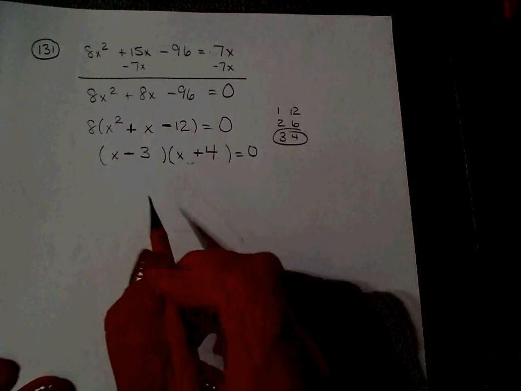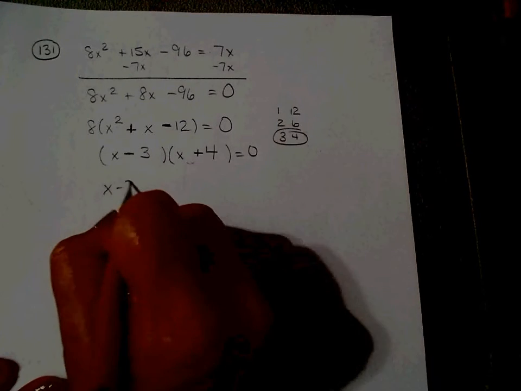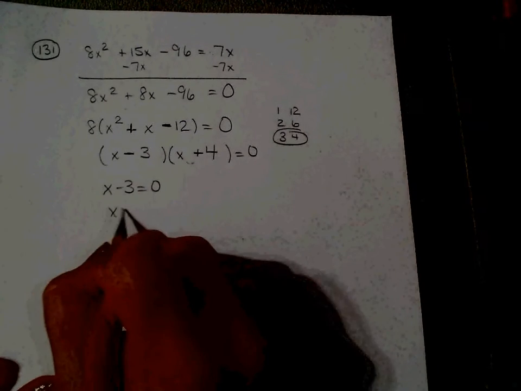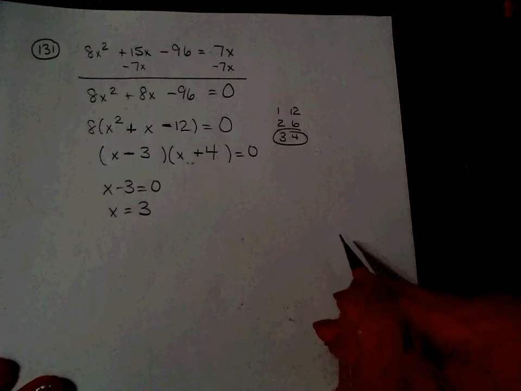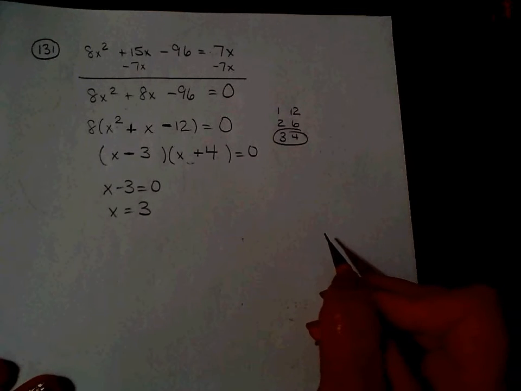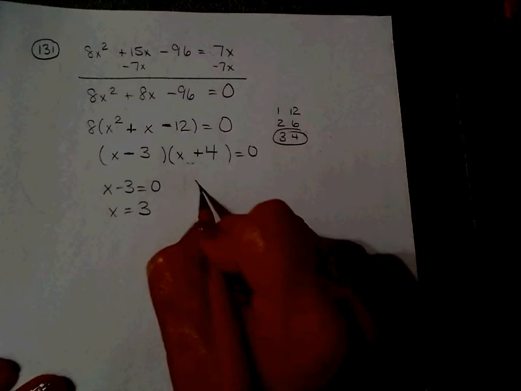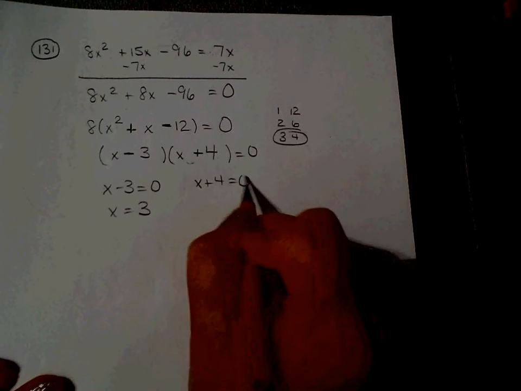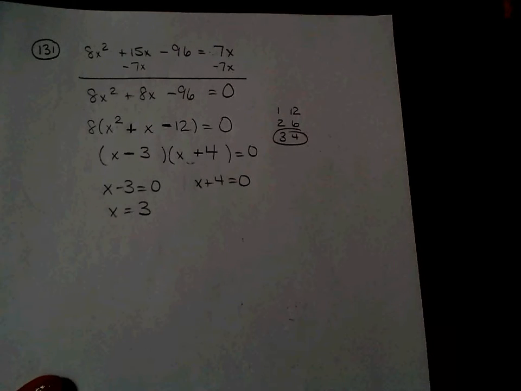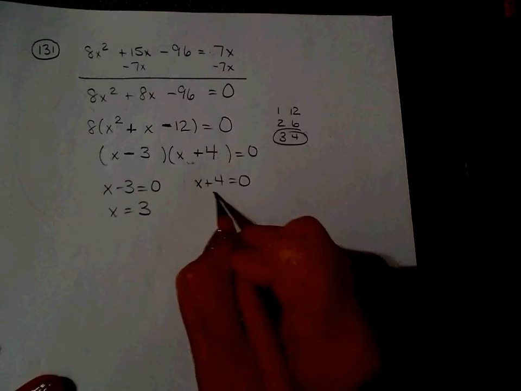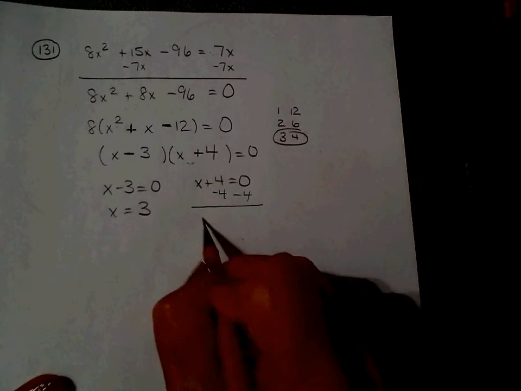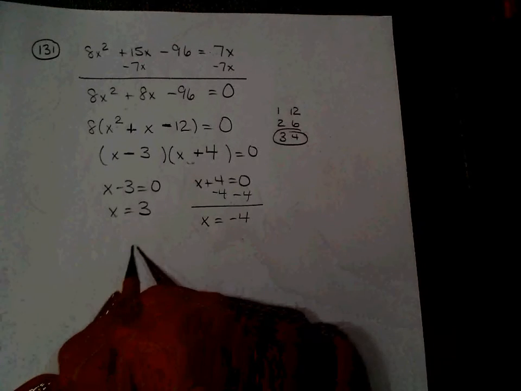Now I have two baby equations. I add 3 to both sides. If x minus 3 equals 0, then x equals 3. Then I solve this little baby equation. x plus 4 equals 0. Subtract 4 from both sides. x equals negative 4. Put it in brackets.